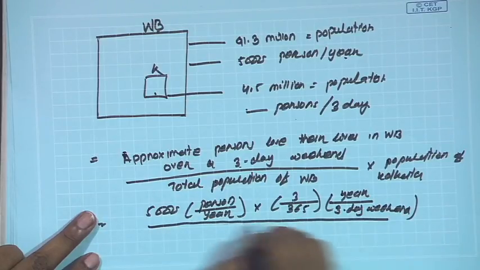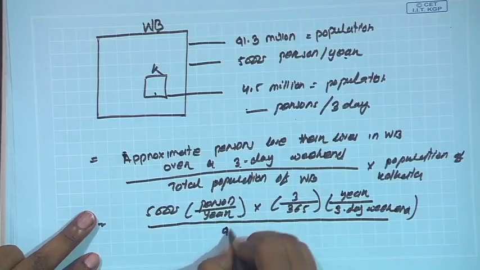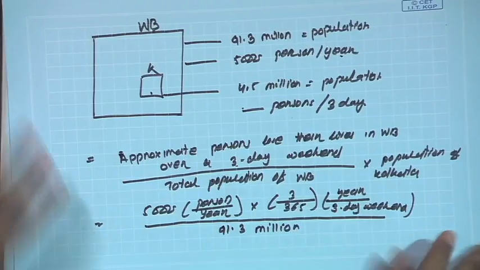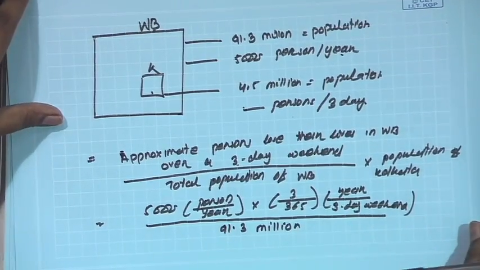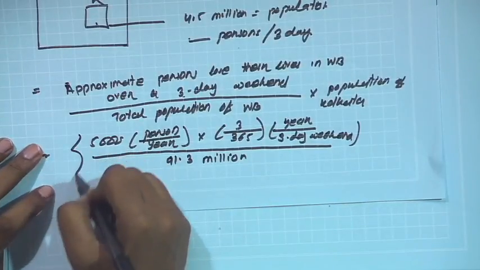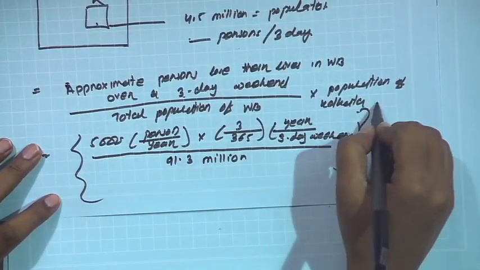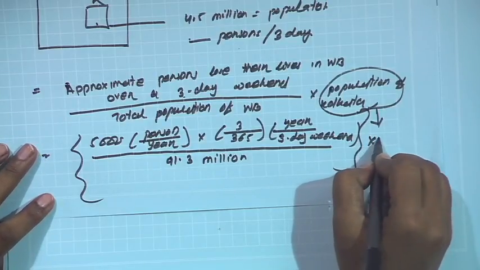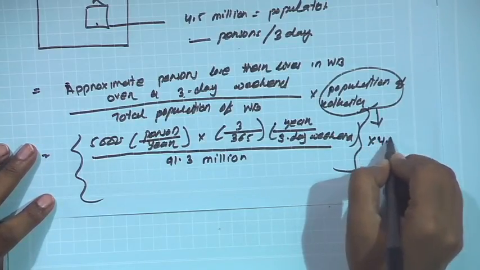Divided by total population, that is 91.3 million, and it should be multiplied by the population of Kolkata, that is 4.5 million.